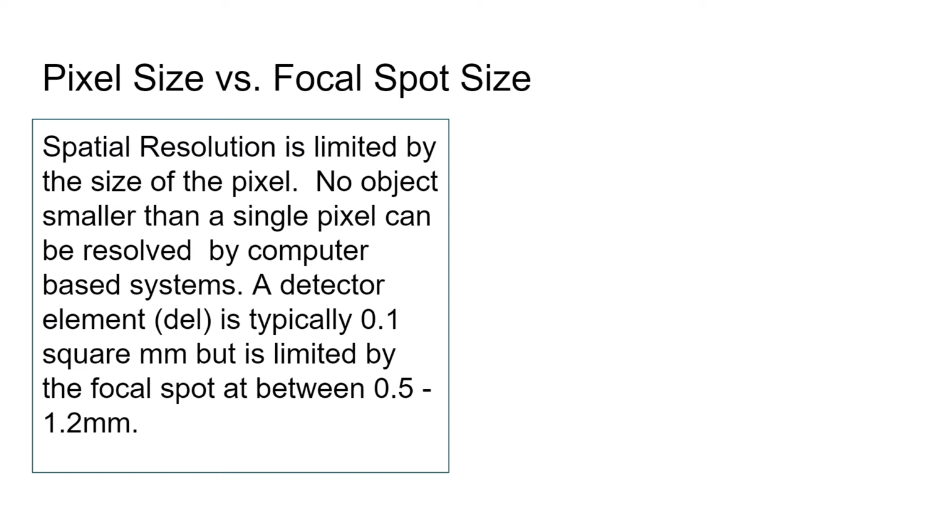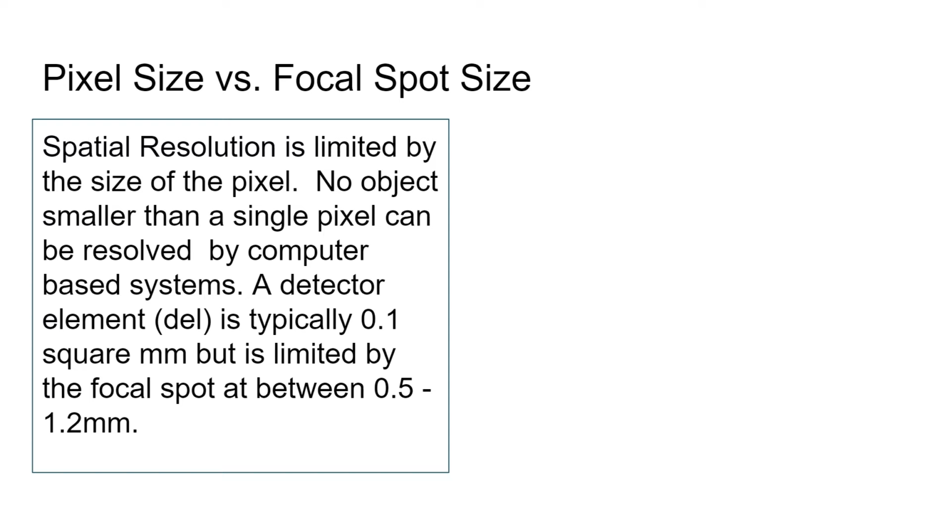That's a problem, right? But the bigger problem we have in X-ray is that our spatial resolution, regardless of the pixel size, because the pixels are pretty small, is going to be limited by the focal spot itself.